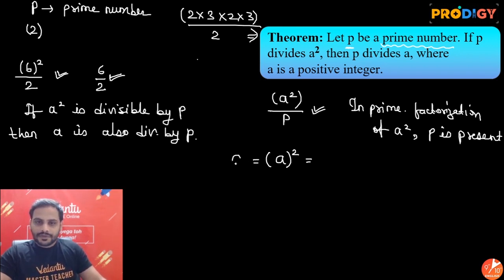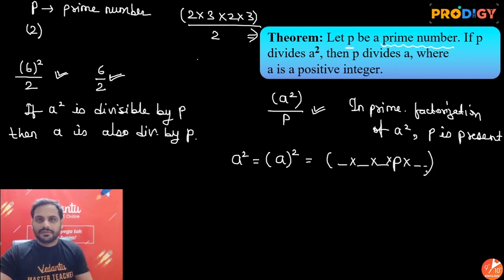Now look, a square I can write as a's whole square, and a also will have some prime factorization. Let's say a's prime factorization is something into something into something, but I know p must be present there. And that same number has been squared.